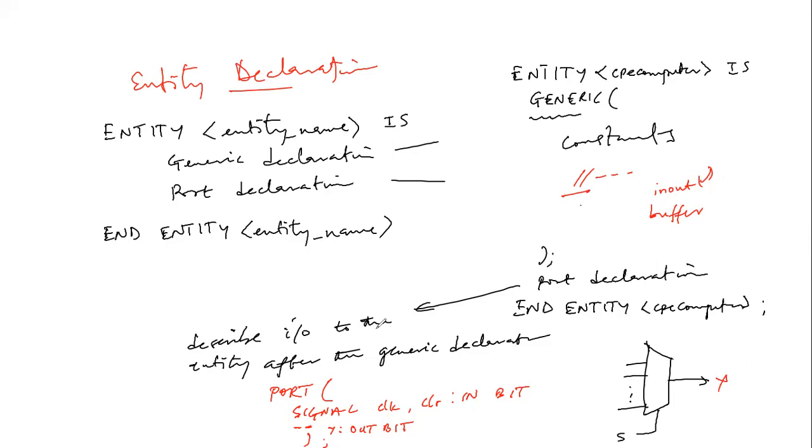That's the essence, okay? So from there, you can now come to the architecture, which describes the internal logic of the model, okay? So this particular logic, we now have to define it in the architecture, and on and on.